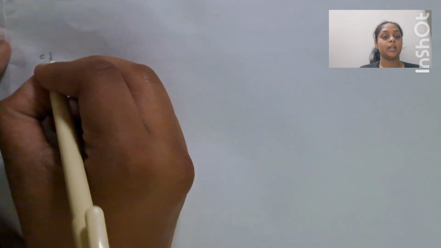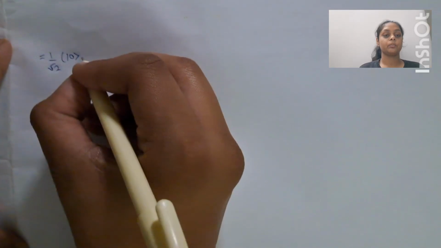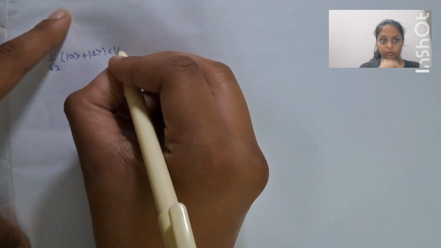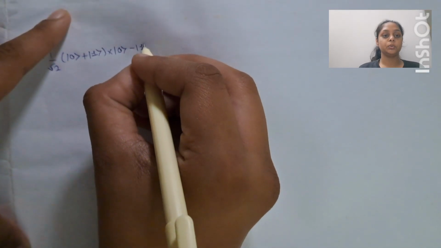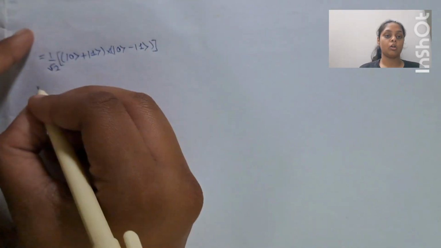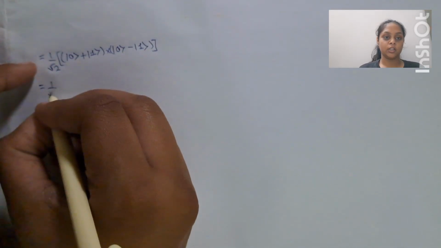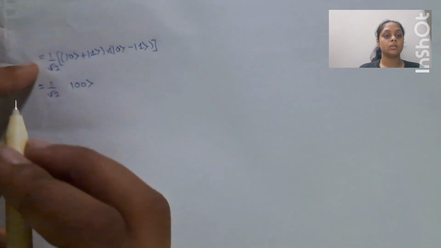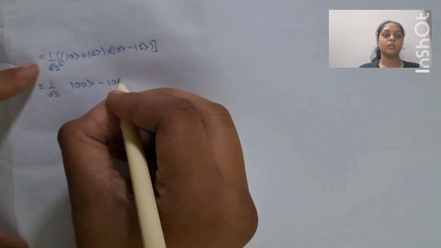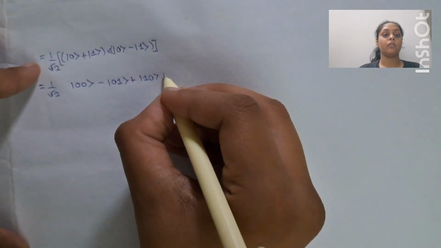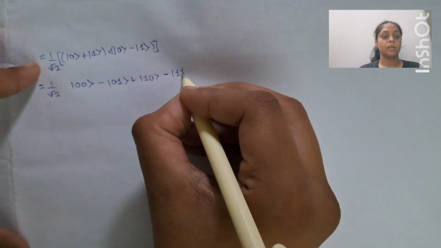Taking 1 by root 2 common, we get (|0> plus |1>) into (|0> minus |1>). Multiplying them, we get 1 by root 2 (|00> minus |01> plus |10> minus |11>).